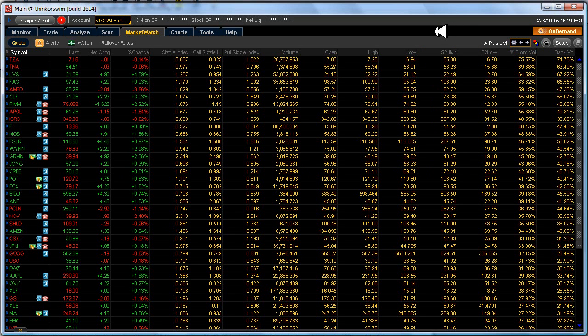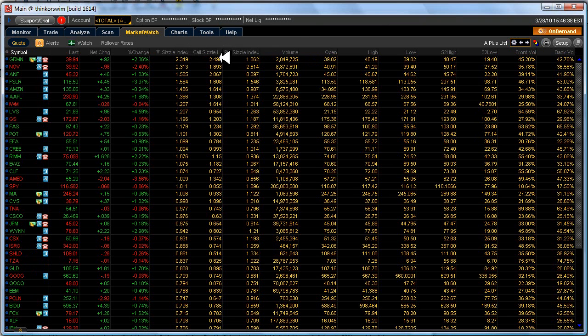I could look at the entire NASDAQ if I wanted to, but that's just too much for me to deal with. The other thing that I like to look at once in a while is the sizzle index, and basically it just tells you the difference in option volume compared to a 5-day average, and they split it up between calls and puts also.